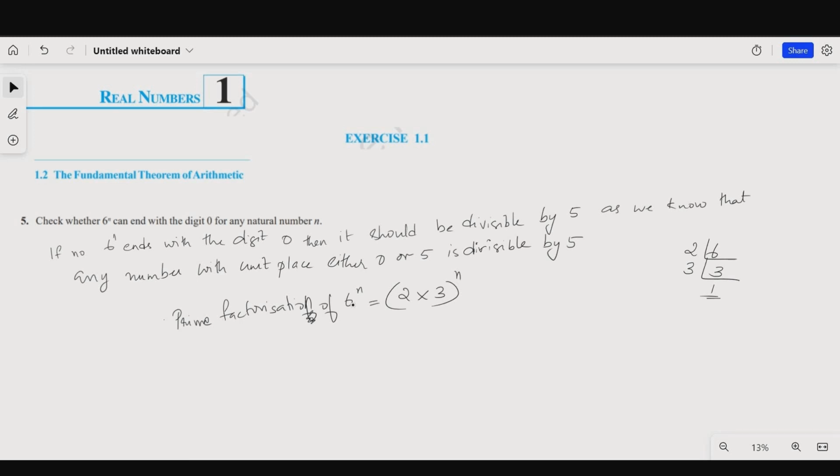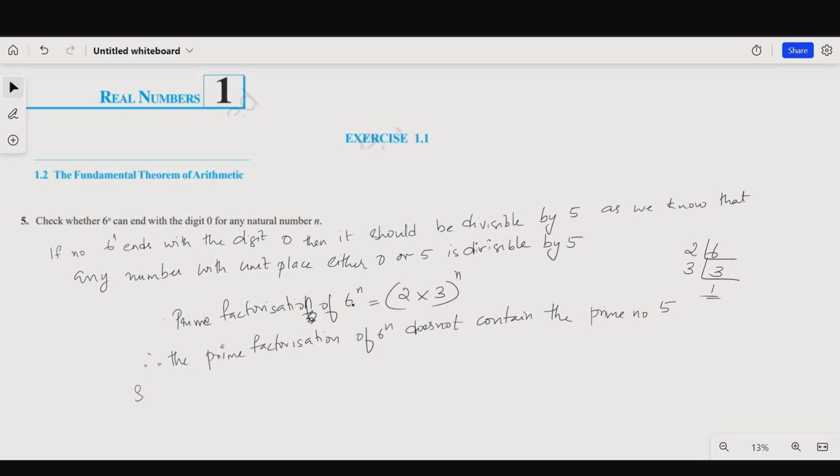So here we can find that it is not divisible by 5. Therefore, the prime factorization of 6 to the power n does not contain the prime number 5.